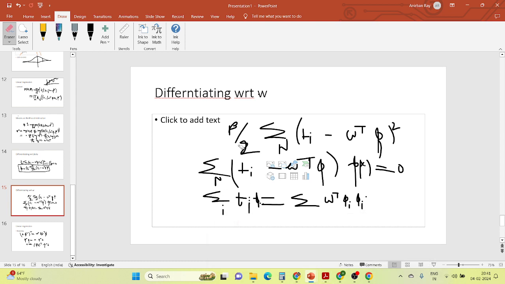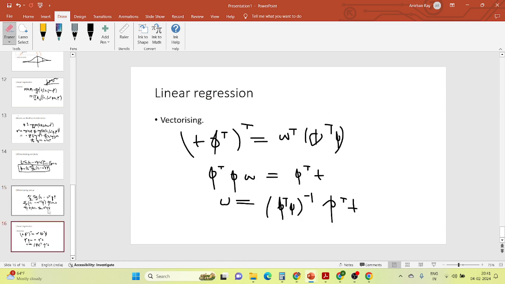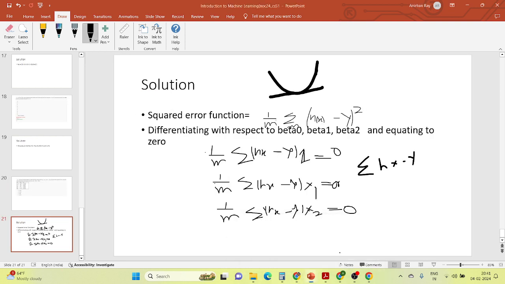The squared error function depends on the consideration that our distribution is normal. The data is normally distributed. From that we get the squared error expression.